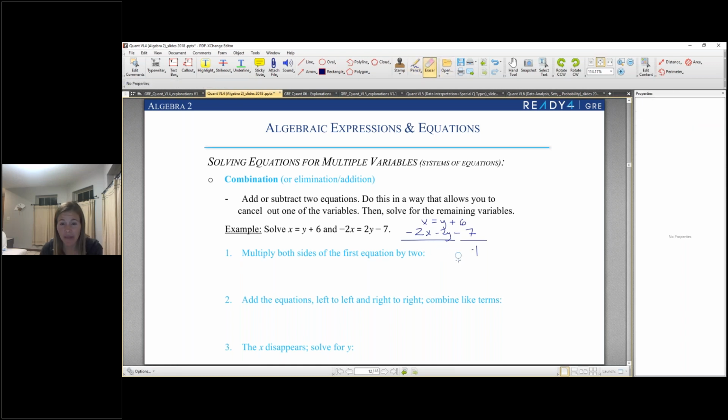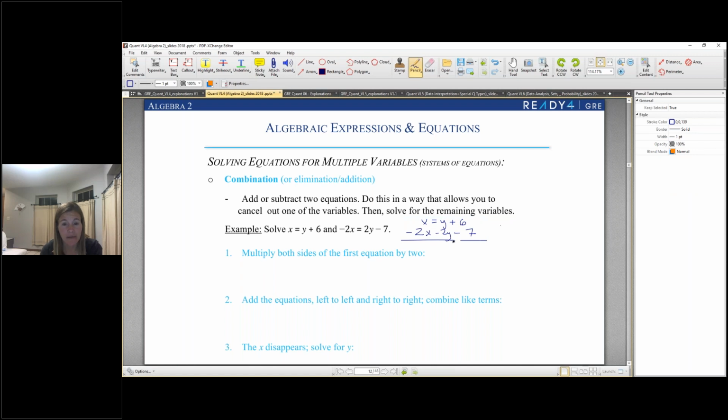What's even better than that, though, is that remember my problem is I've got two variables in these equations, and I can only solve for one at a time. So another cool trick is I can look at my variables and say, when I add these together, nothing cancels out.